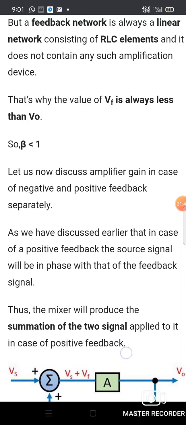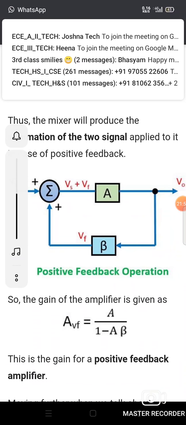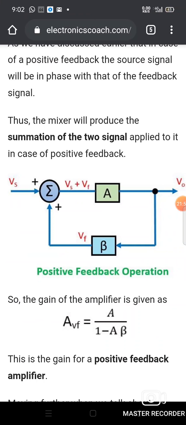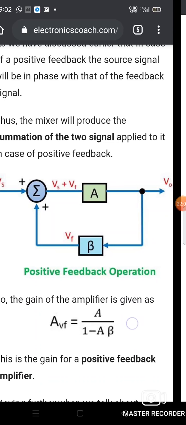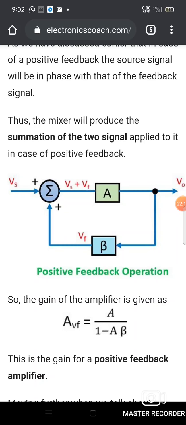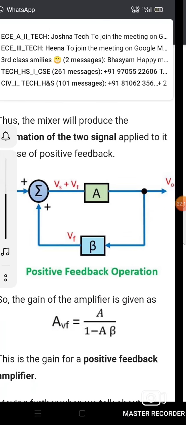Thus, the mixer will produce the summation of the two signals applied to it in the case of positive feedback. For that, the block diagram is this. Vs is combined with Vf. That's why the summing output, that is the mixer output, is Vs plus Vf. That is the amplifier input, and the output is V0.